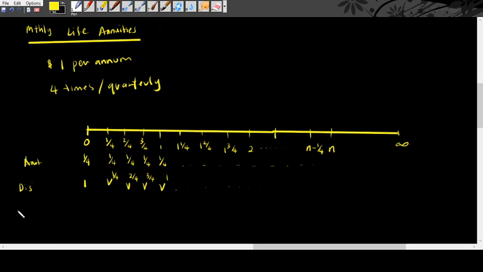Okay, so the probability of receiving this would be 1. Receiving this would be (1/4)px. Here would be (2/4)px, (3/4)px. Here will be px, and it will continue.